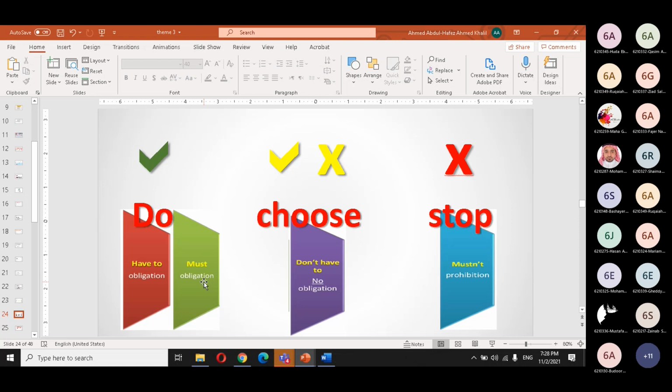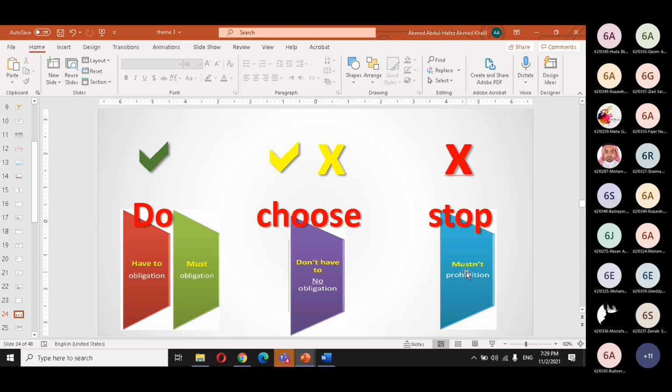There is obligation. في إلزام. Okay? Here, if something necessary, ده ضروري إلزام. بس هنا في إلزام إنك تسوي، هنا في إلزام إنك ما تسوي. prohibition يعني أنت ممنوع. Okay?